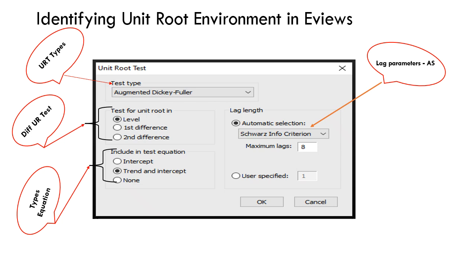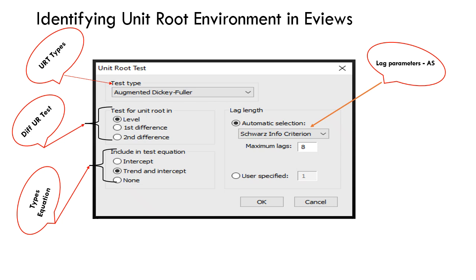And these are the different test types, whether we are performing a level test, a first difference test, or a second difference test. Whereas this other side is the lag selection criteria, whether we're selecting SIC or Akaike, as the case may be, depending on the lag parameter that we have specified.